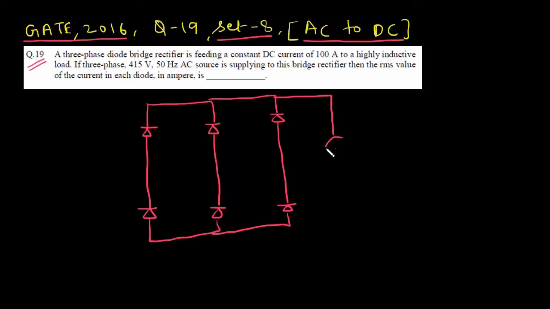As the output load is highly inductive, we can assume the output current to be constant, and its value is 100 amp.